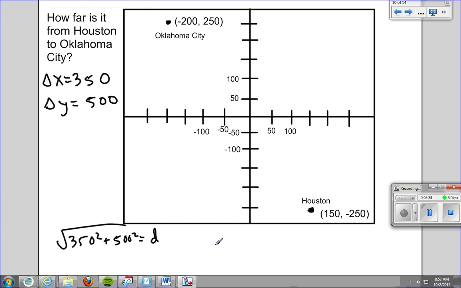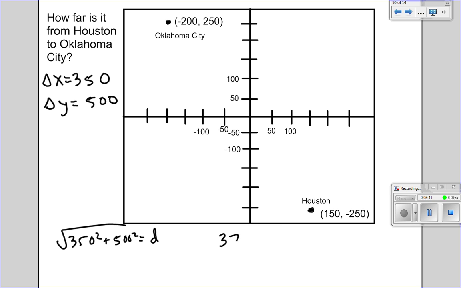When you plug in 350 squared plus 500 squared, you get 372,500. Take the square root of that number to get your d, and the answer becomes about 610.3. So it's an easy way that you can calculate distance between two places.